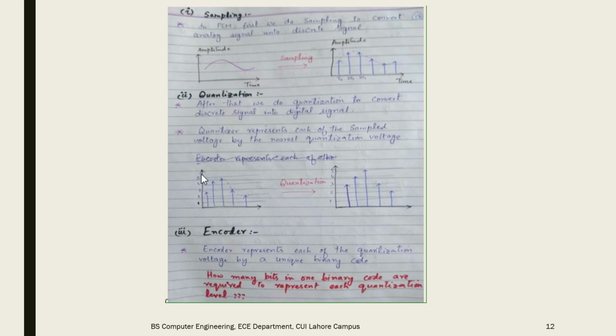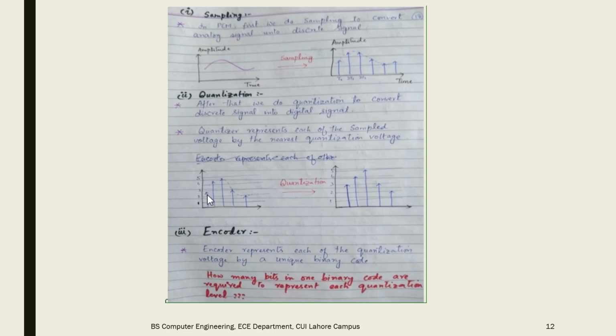We basically divide the complete amplitude axis into different levels. These levels are known as quantization levels. Then we look at what is the amplitude of each sample. Suppose this amplitude is coming between level 2 and level 3, and this is 2.6 volt. Now we observe that either we have to round it off to level 2 or we have to round it up to level 3. So how can we decide this?